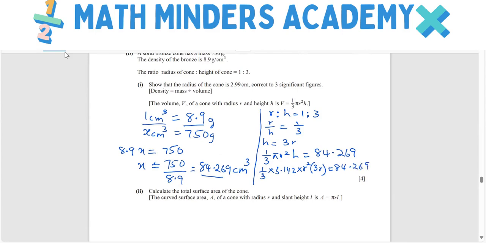Okay. So if we multiply out here, let's see what this will give to us. So this side is going to give us 3.142 r cubed equals 84.269.